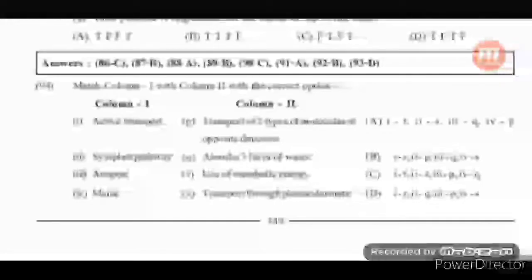Next, option 3, they have given that the first one is use of metabolic energy, second one, simplest pathway, is transport through plasmodesmata. Next, antipode is transport of two types of molecules in opposite direction, and maze is absorbs 3 liters of water.